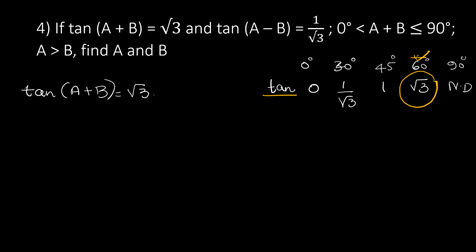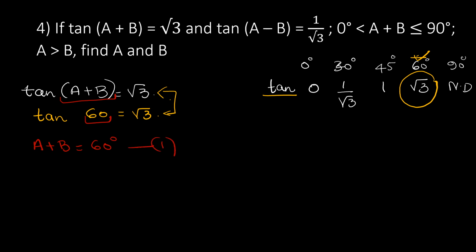So we can write that tan of 60 equal to root 3. Now we can compare these two equations: tan of A plus B equal to root 3, tan of 60 equal to root 3. That means A plus B is equal to 60 degree. This is the first equation.